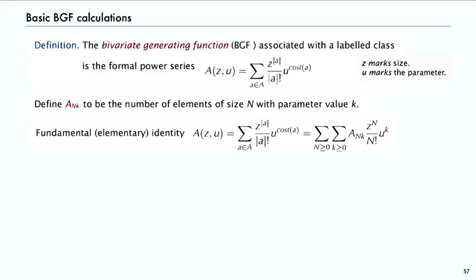If you're summing over all combinatorial objects, you can gather them together by size and by cost, and then the number with size n and cost k is the coefficient of z^n/n! u^k. Because every one of those objects will contribute 1 to the sum. You gather them together, you have A_nk objects that have that sum. And so that identity is implicit.